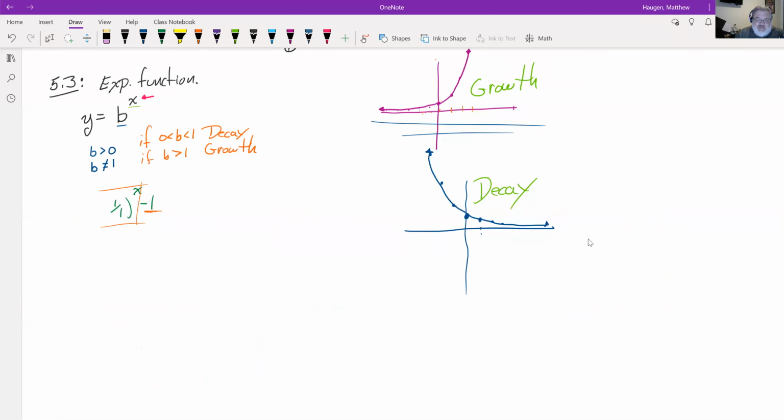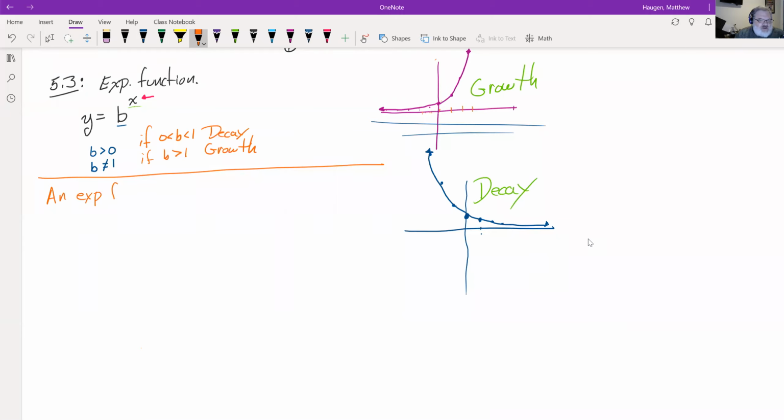There is a type of question in 5.3, though, that can be a bit tough, and I do want to make sure that we look at it, spend some time talking about it.